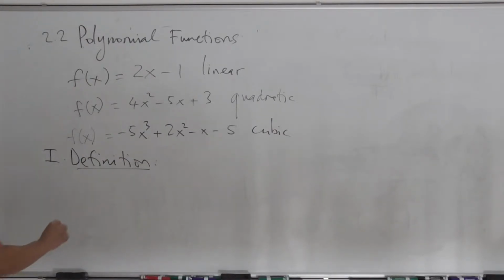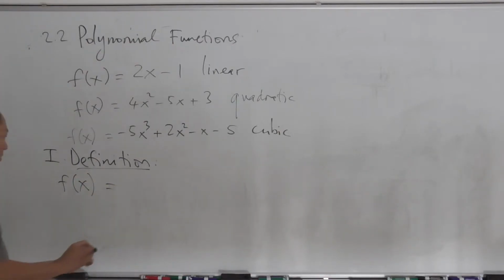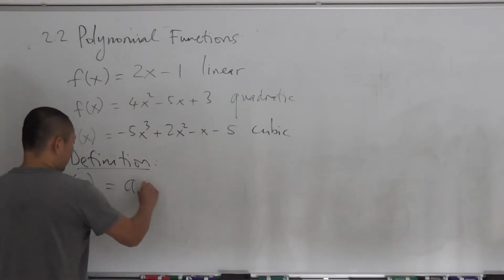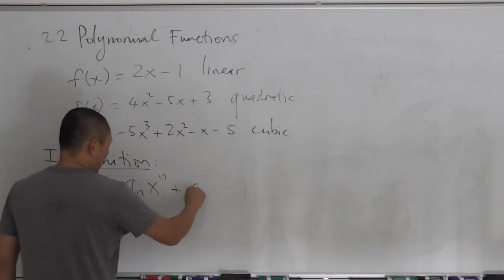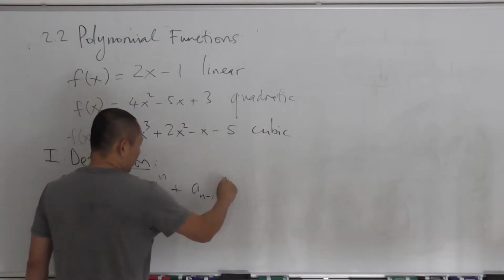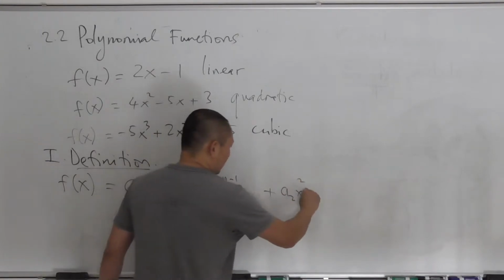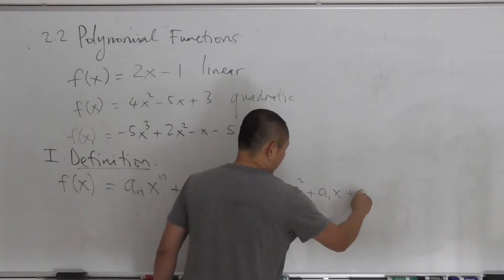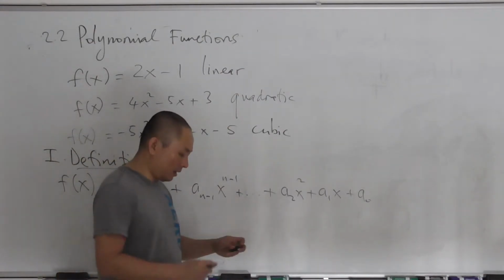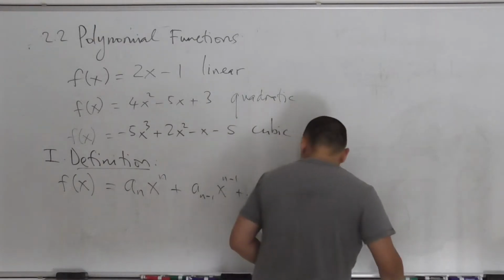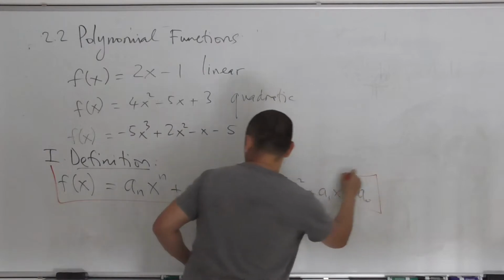A polynomial function is a function of the form f of x equal to a sub n times x to the n, plus a sub n minus 1 times x to the n minus 1, plus and so on, all the way to a sub 2 x squared, a sub 1 x plus a sub 0. Those terms, a sub n minus 1 all the way to a sub 0, we call the coefficients.